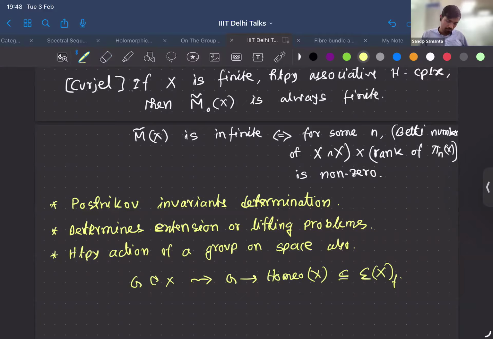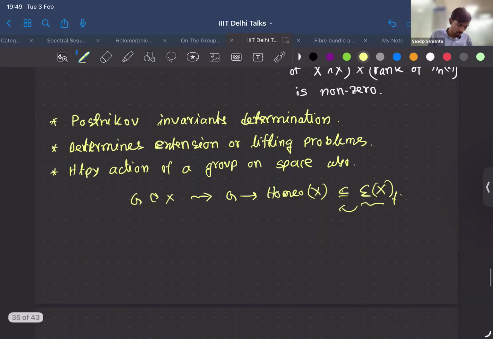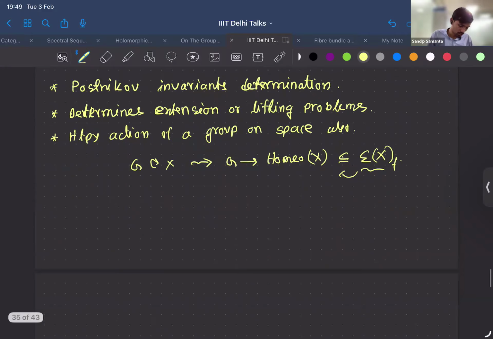Some of those actions, this Homeo X, sometimes deforms to this, and then a homotopy action of those groups is actually given by a homomorphism from these sets. So again, knowing this E of X helps us in describing the homotopy action of groups on space X. Okay, so these are a few other applications that one can see.